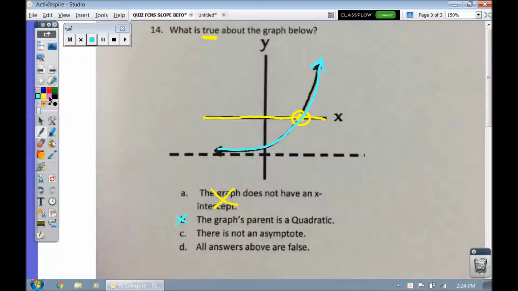Remember, our kid-friendly version of an asymptote was that line right underneath the graph that's so close it's almost like it's touching it, but it never will. Well, it does have an asymptote. They're saying that it doesn't. So all answers above are false. That's true. All of those answers above are not true statements. So that is my true statement.